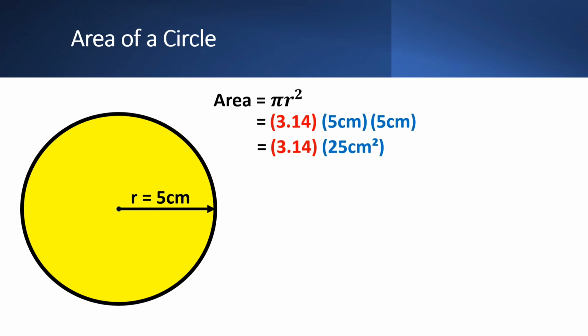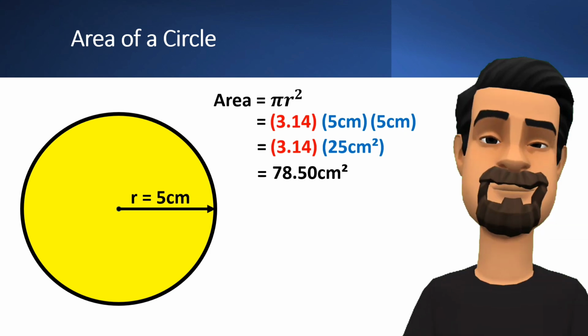So 3.14 times 25 centimeters is equals to, again, pwede kayong mag-check sa inyong notebook, mag-multiply dyan. Then afterwards, pwede nyong i-check sa inyong calculator. So 3.14 times 25 centimeters squared is equals to 78.5 or 78.50 centimeter squared.